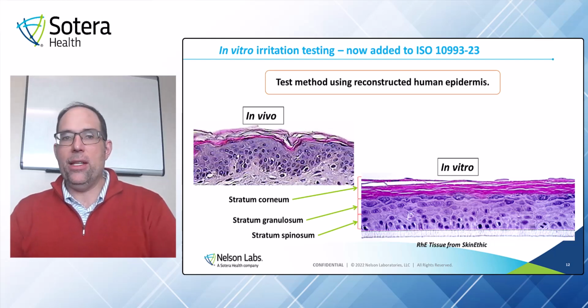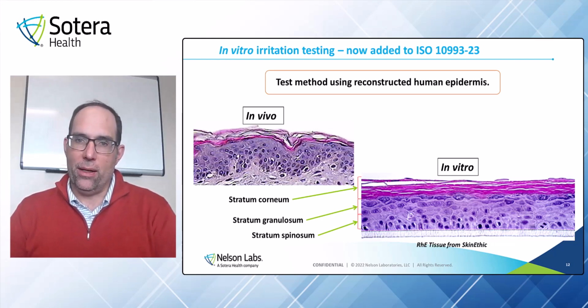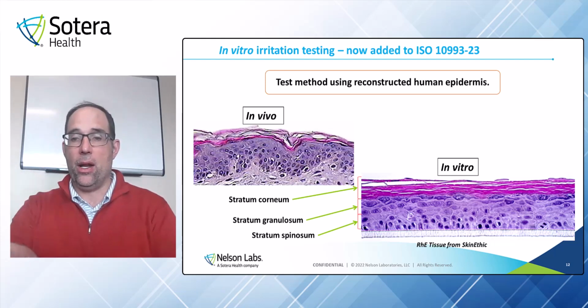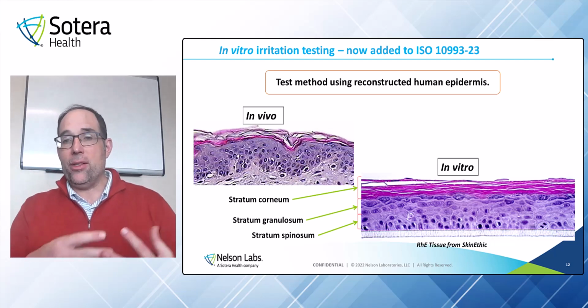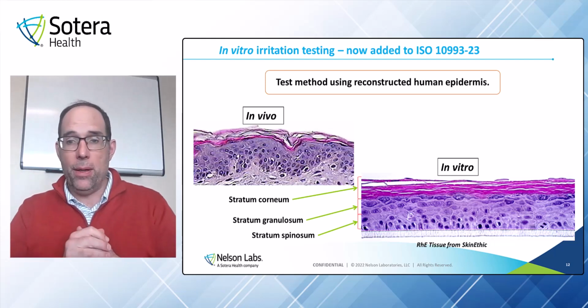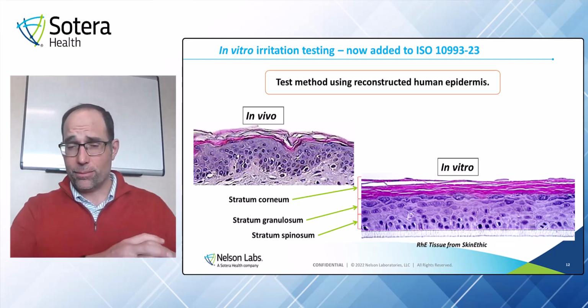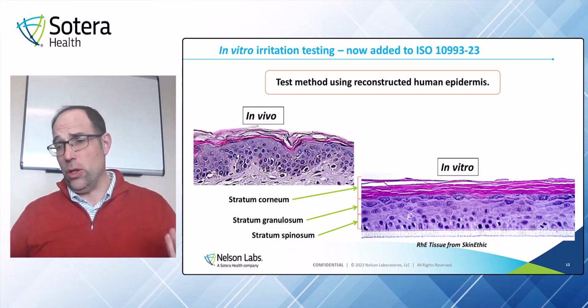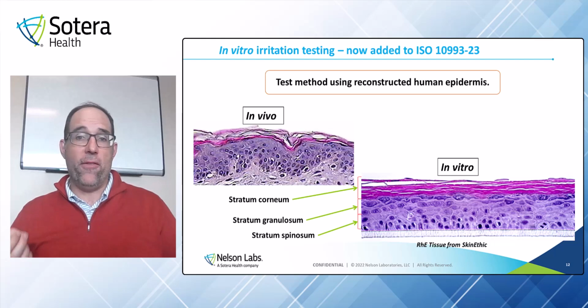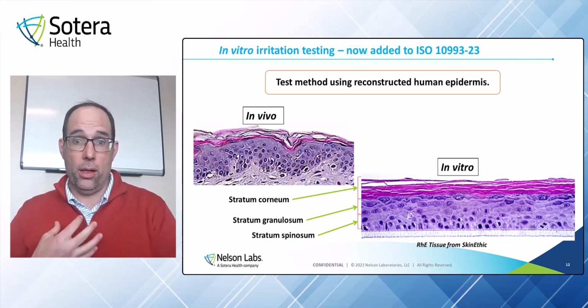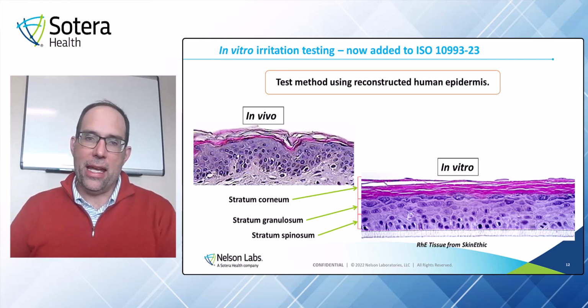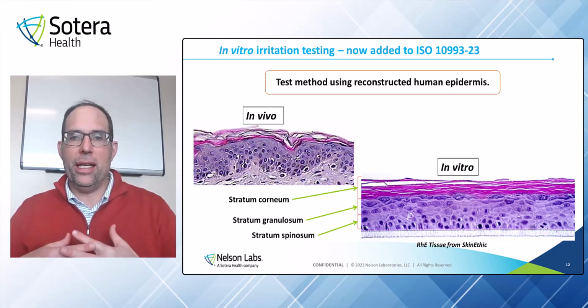We now have these reconstructed human epidermis skins, which you see down on the bottom right there. These skins are actually grown up in a lab, so they're taken from a stem cell, and they're grown into tissues. And this tissue is actually a very good representation of our human skin. In fact, if anything, they're a little bit more loosely tied together.